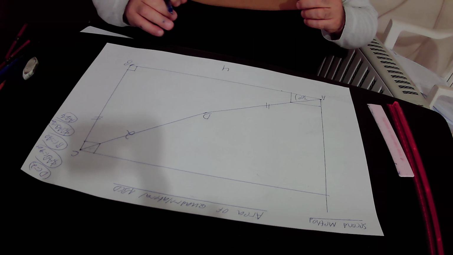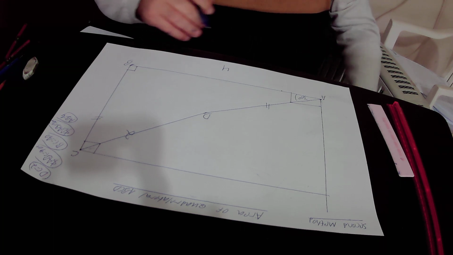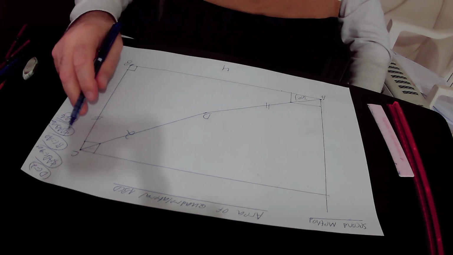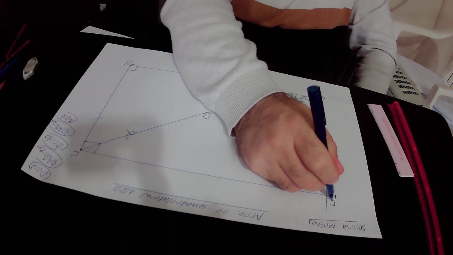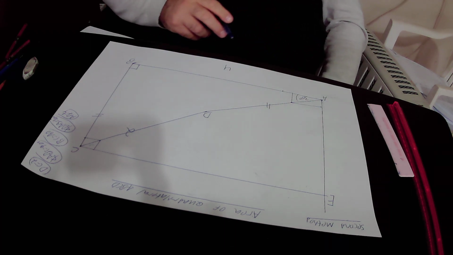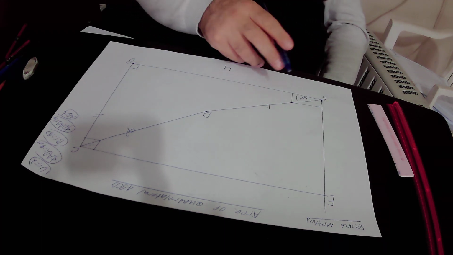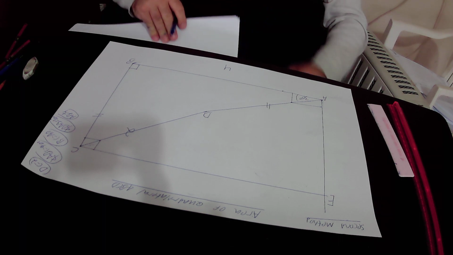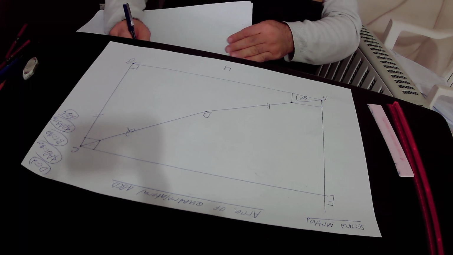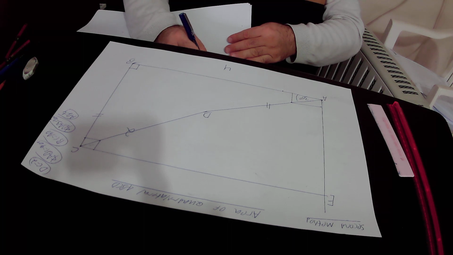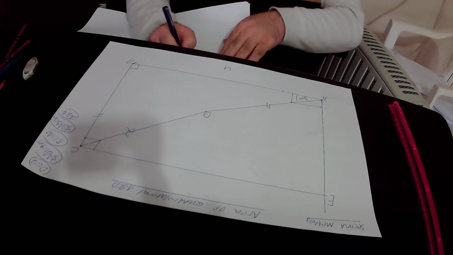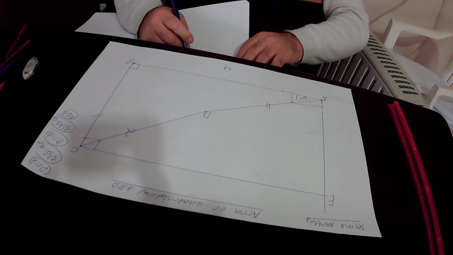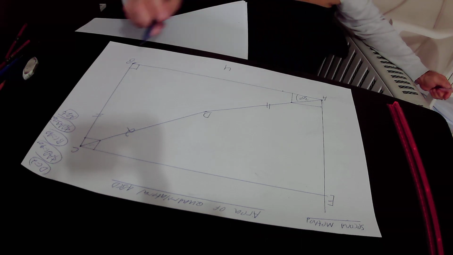We will define the intersection point between the perpendicular from A and the perpendicular from C as point E. Actually, we created quadrilateral ABCE, and in quadrilateral ABCE we have three right angles, 1, 2, 3.